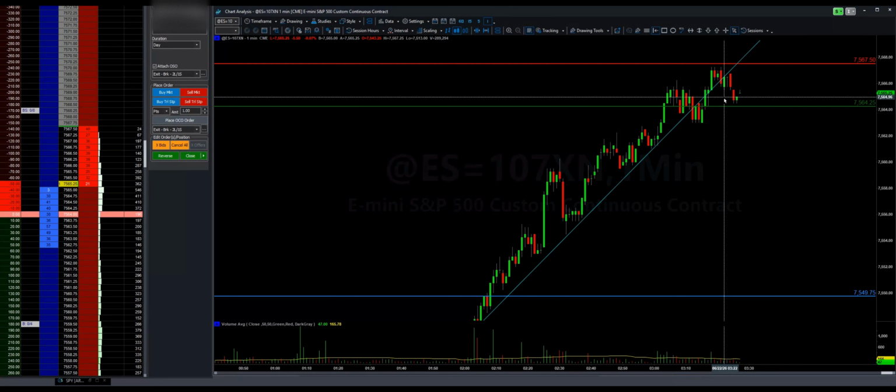Let's trust our trade and let it run. As what I mentioned, this is a very high probability trade, and I should trust what I'm doing.